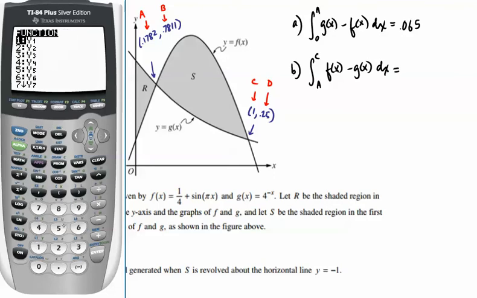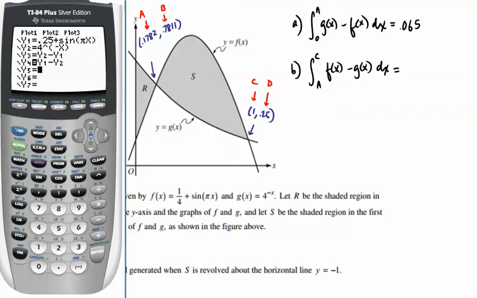So vars, y vars, function y4 in this case. Oh, actually, y4 is where I'm putting it, so I want y1 minus y2. Clear that out. Vars, y vars, function y1 minus vars, y vars, function y2.